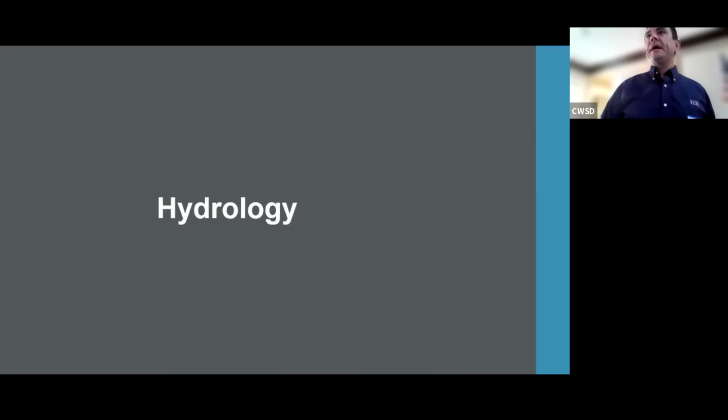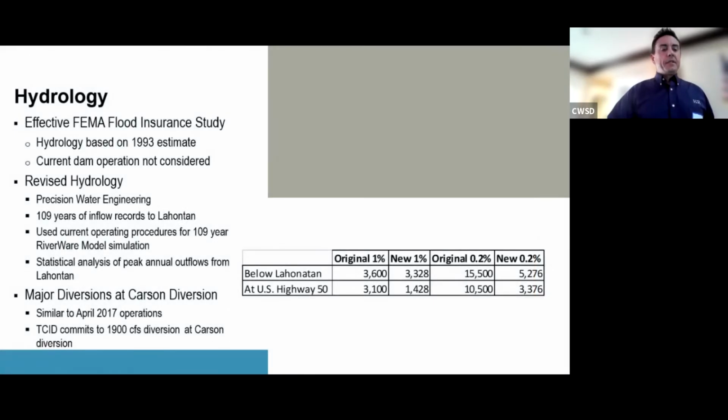So I'll talk a little bit about the hydrology, the amount of water that we're talking about in this reach. The effective flood insurance study, or what's currently the 100-year flow, is based on a 1993 estimate in the area. And that was considering the dam operations of the 70s and 80s. So they weren't looking at current operations of the Lahontan Reservoir.